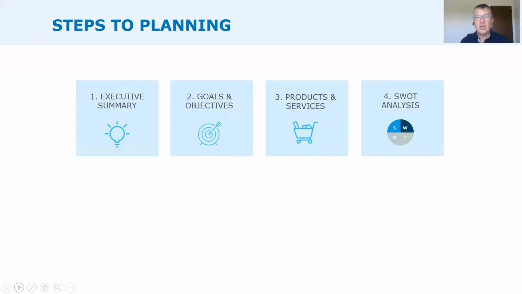The next section is what we call our SWOT analysis. So SWOT stands for strengths, weaknesses, opportunities, and threats. And this is a really simple exercise, not only for you, the business owner, but also to involve other key stakeholders.